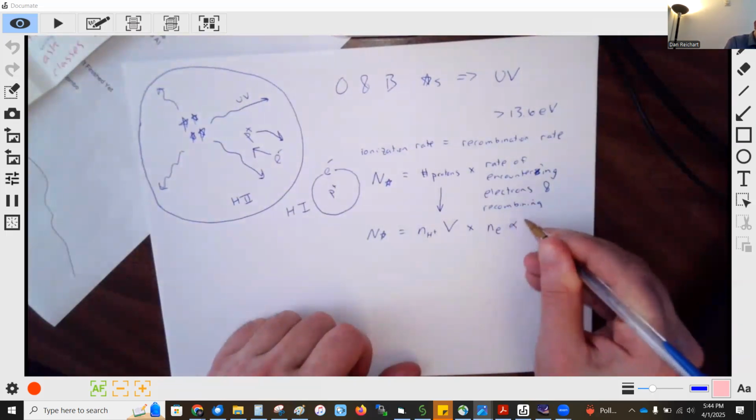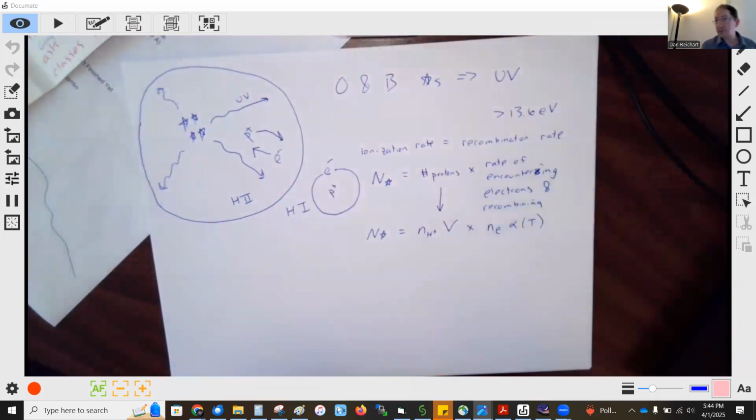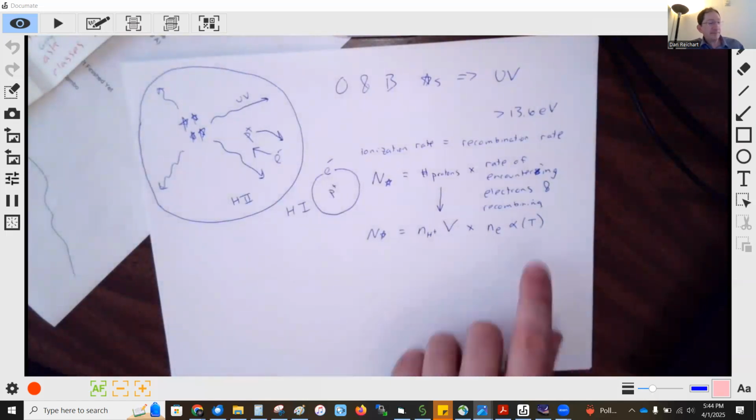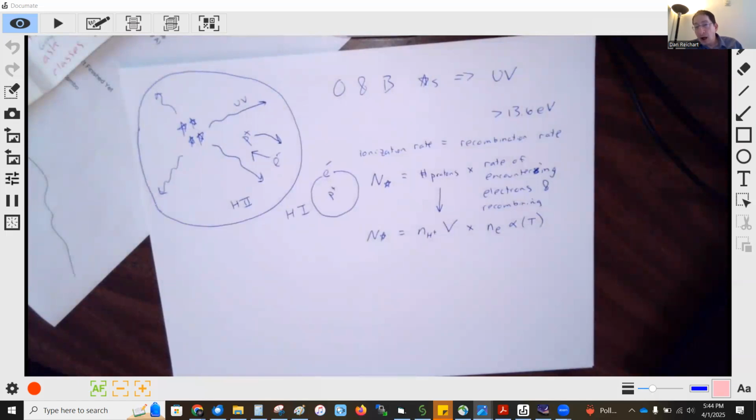That's something that can be calculated from quantum mechanics. We won't do that here. We just look that up. But it's basically a function of temperature. The hotter the gas is, the electrons and protons are moving faster, and it's harder for them to recombine. The lower the temperature, the slower the motion, the easier the recombination.